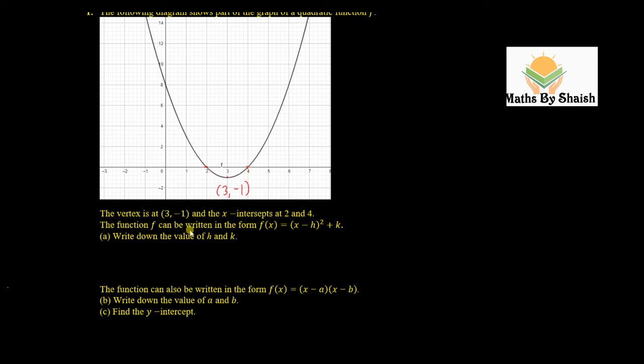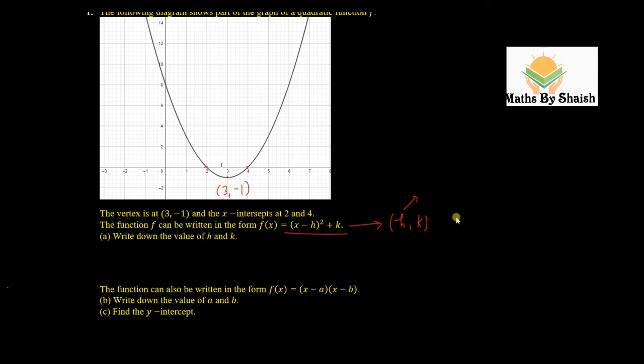The function f can be written in the form f(x) = (x - h)^2 + k, and we know from here that the vertex is given by (h, k). This is the x value for which we will get the minimum value in this case, because here the curve is upside down.